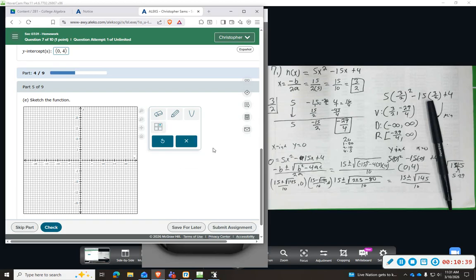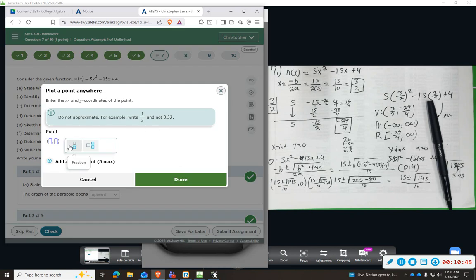Sketch it. We're going to plot these points. It's going to be hard. I guess it'll still work out. We'll just be able to type everything like we need to. So first point, I'm going to do the x-intercept. So the 15 plus, I wonder will it allow me to do it? It says do not approximate.